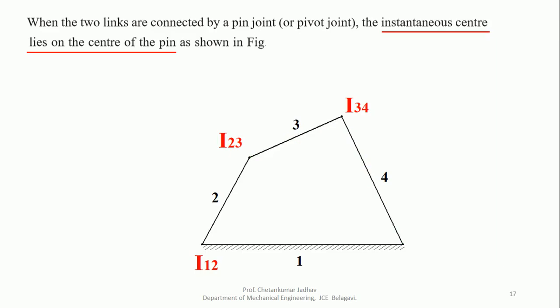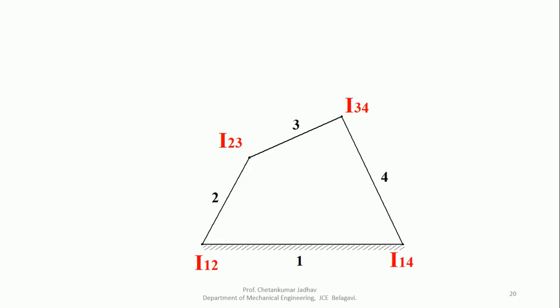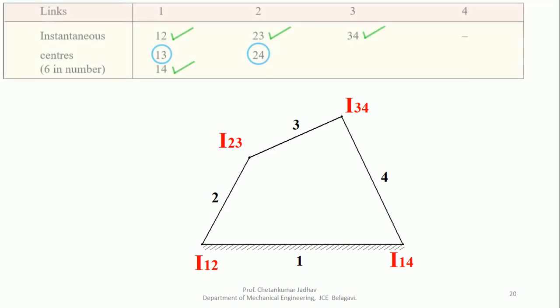Finally, the pin joint between element 4 and element 1 is considered as instantaneous center I14. By visual inspection, we found the 4 instantaneous centers, that is I12, I23, I34 and I14. Then we will locate the remaining 2 instantaneous centers, that is I13 and I24.